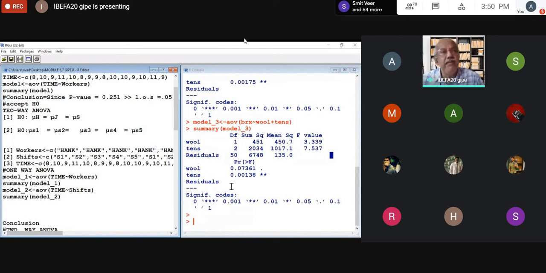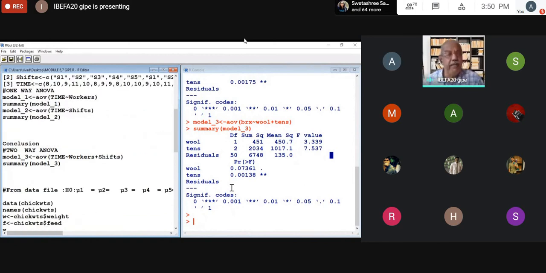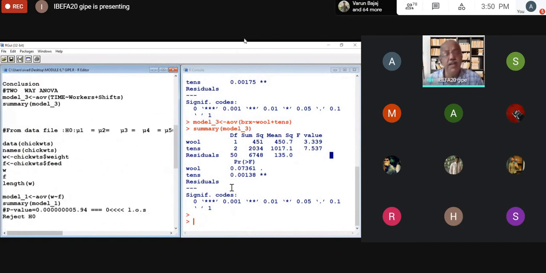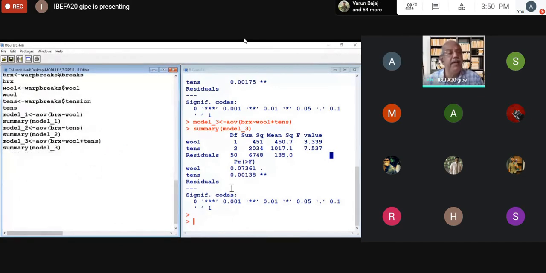So one observation is coming from two different sources. String 1 worker, string 2 shift. Same way, wool are of two types A and B, tension strength also different. So each observation is depending on type of wool and the level.